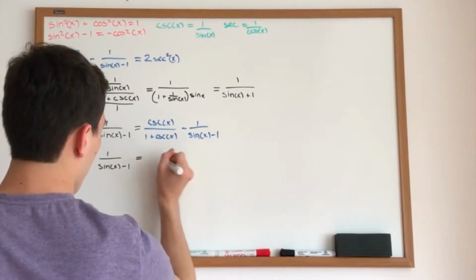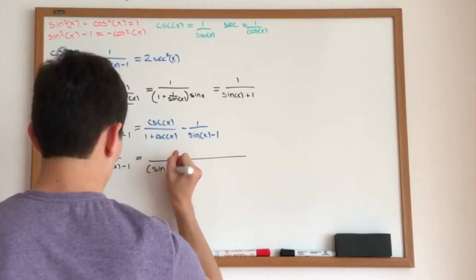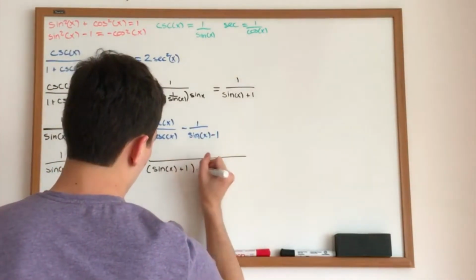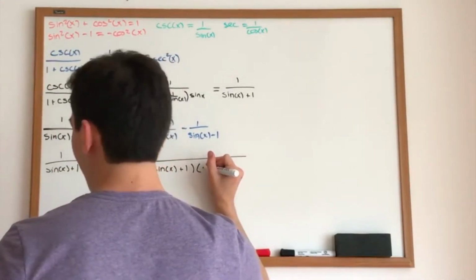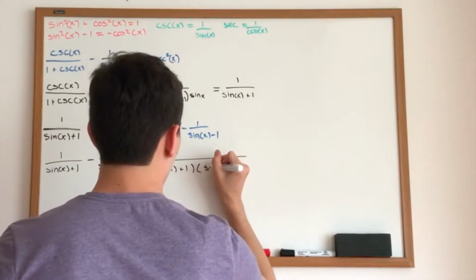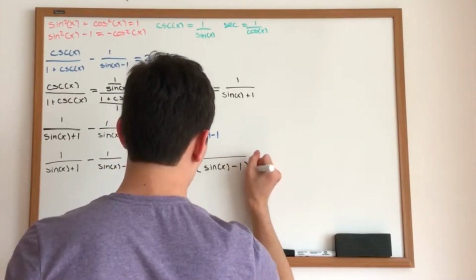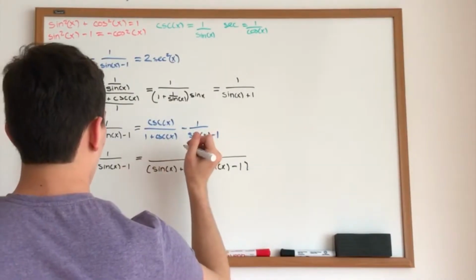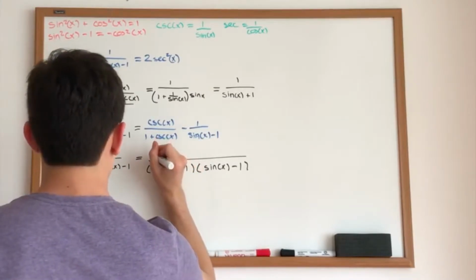So, if we multiply this, we will get sine of x minus 1 minus sine of x plus 1, over sine of x plus 1 times sine of x minus 1.